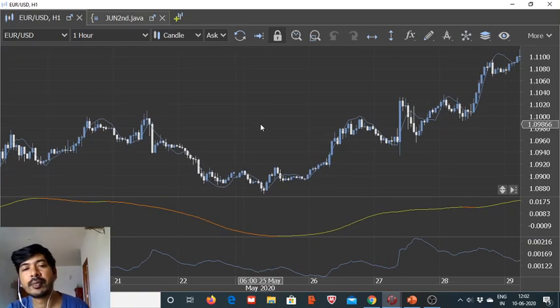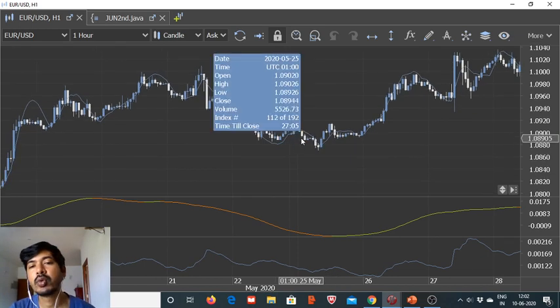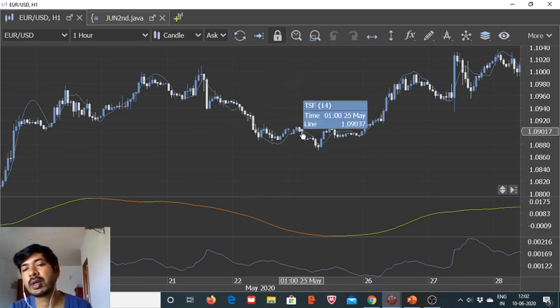That is the point of this combination. To pinpoint the exact entry point, we turn our attention to the historical candles of 1 minute each.